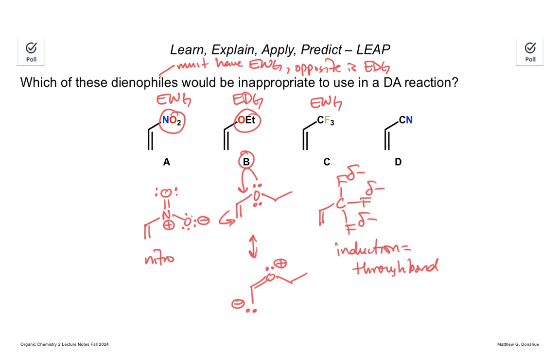And then finally you have CN, which is nitrile or cyano. If we expand out the Lewis dot for that, it looks like that. So you have these pi bonds. We can take electron density out of that carbon.